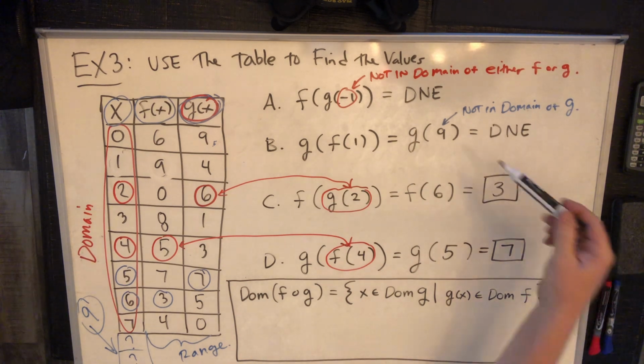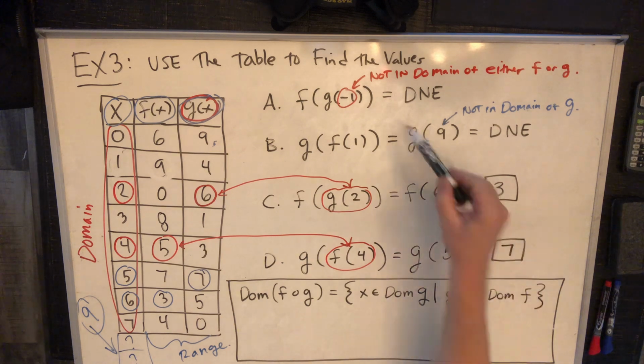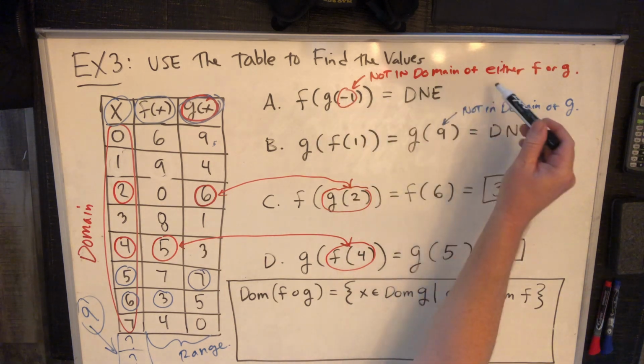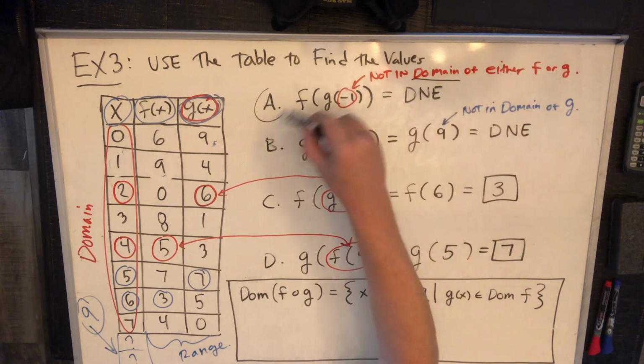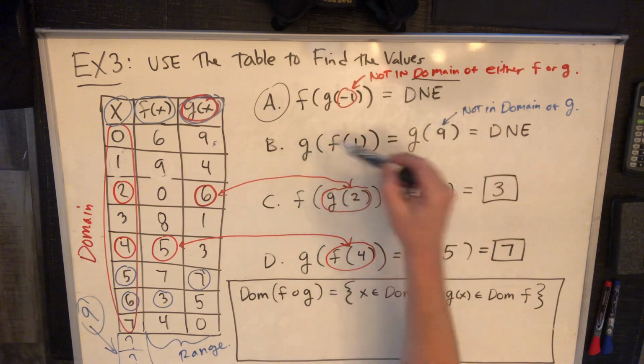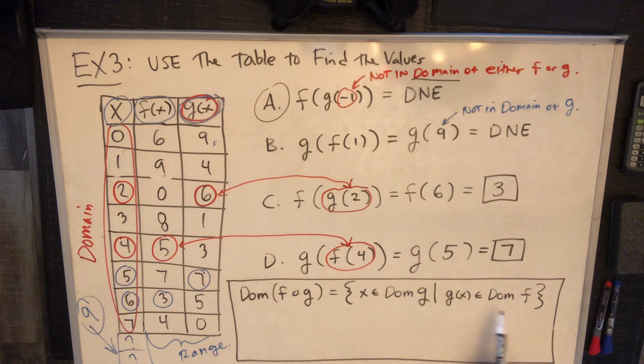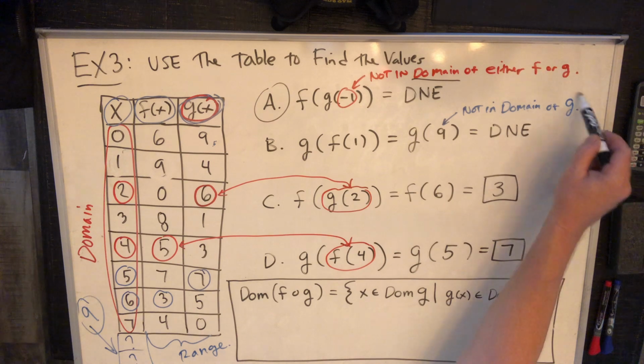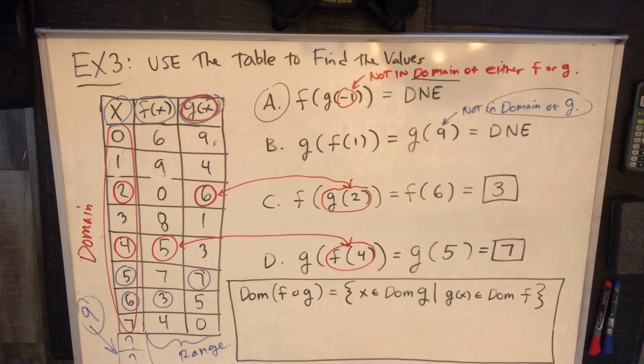In other words, you first must be in the domain of g, that's like example A, and then your image, g of x, must be in the domain of f, otherwise you end up with a does not exist value.